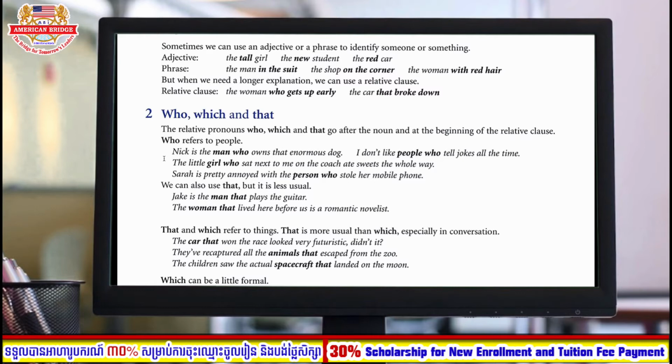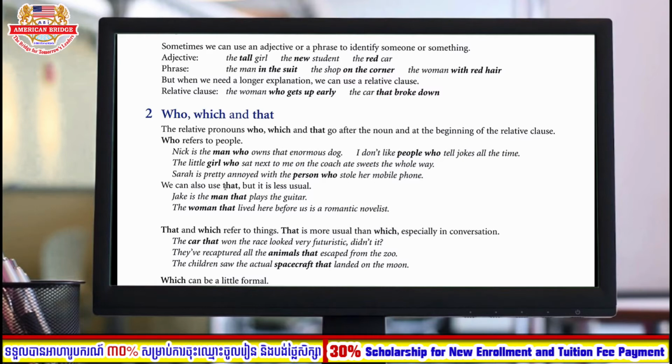Look at the example here. Nick is the man who owned that enormous dog. Who refers to the man. The little girl who sat next to me on the couch ate sweets the whole day. Who refers to the girl. So who is only used to refer to people.